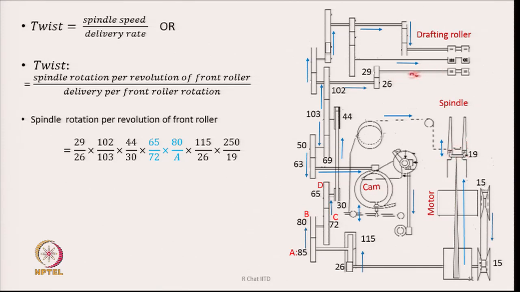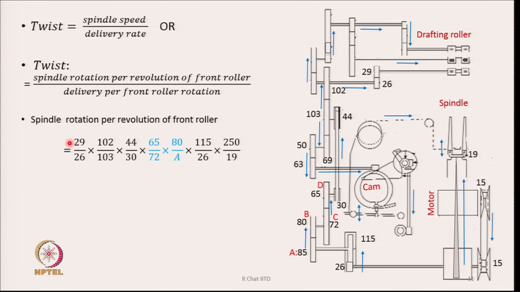So from this side we have to go backwards in these directions and find out how many revolutions there are in the spindle if this roller rotates by one turn. This is the connection, and if I go through these connections, we will be able to find out. That is what exactly we have done.